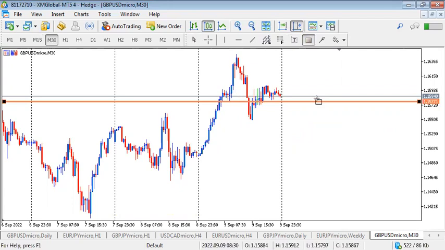This other block was broken to the downside on the 30 minutes and on the 15 minutes. So it shows that price has a potential to move to the downside because this other block has been breached and this short-term support has been breached.